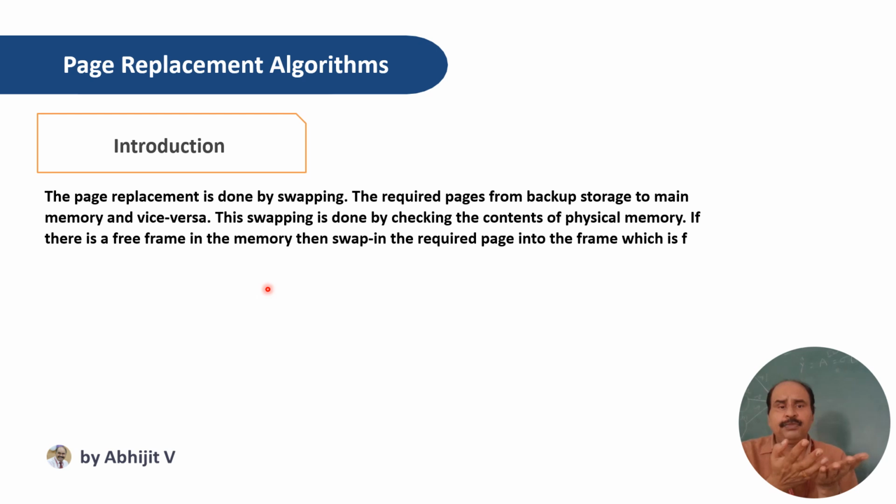This swapping is done by checking the contents of the physical memory. If there is a free frame in the memory, then what we do? We swap in the required page to the frame, which is then processed.